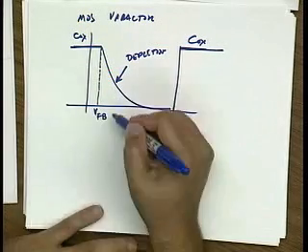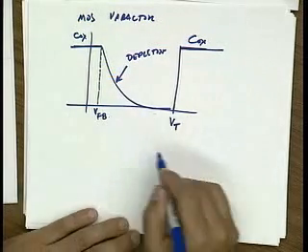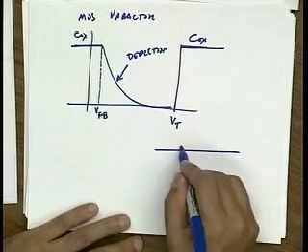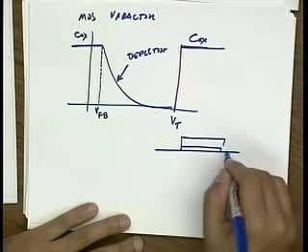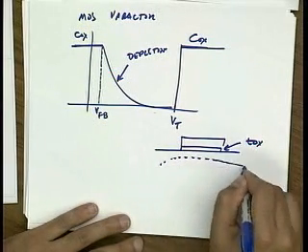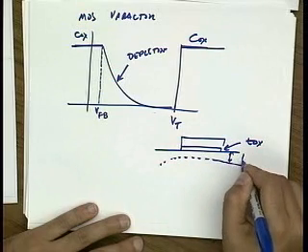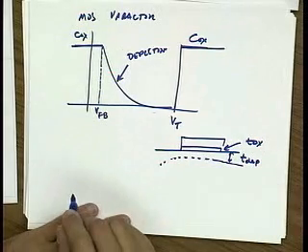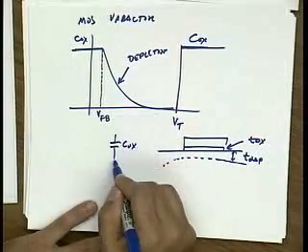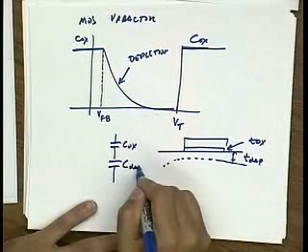If we go beyond flat band, what happens is that we have basically two capacitors in series. So I have Tox, and then I have this depletion region. Let's call this T-dep. And the effective capacitance looks like the series combination of Cox and C depletion.